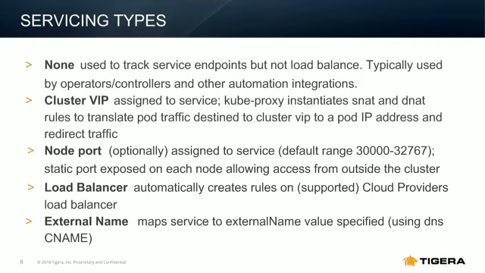You can write your own controller that will do something interesting when you define a service. So in that case, you don't want any of the existing controllers in Kubernetes for the different service types to do anything with your service definition. You just want to say this thing is a service, and then your controller could pick up on that and do something with that. So none is basically just an ability for you to call out and do something unique.